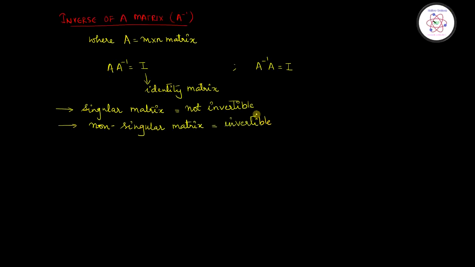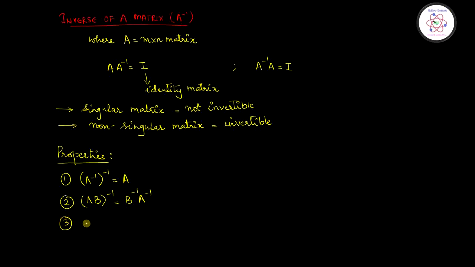Let us look at some of the properties of inverse of a matrix. We have A inverse, the whole inverse is equal to the matrix A. The second property is, if there are two matrices A and B, the inverse of the product will be equal to B inverse into A inverse.